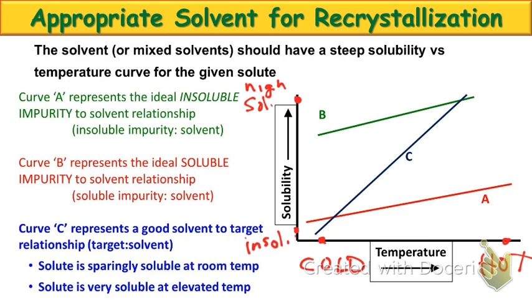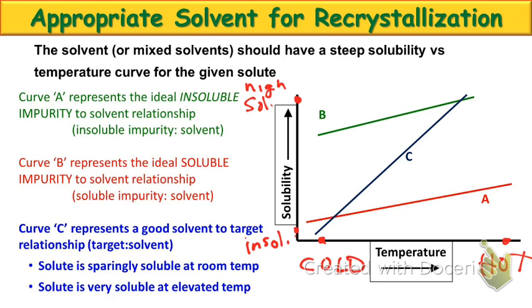So it'll start with a very low solubility, and once we add a whole bunch of heat, it'll become really, really soluble. Okay? So that's our ideal situation. If I wanted to separate compound C, or curve C, we'll say it's compound C now, away from compound B, what circumstance would allow me to separate those two?